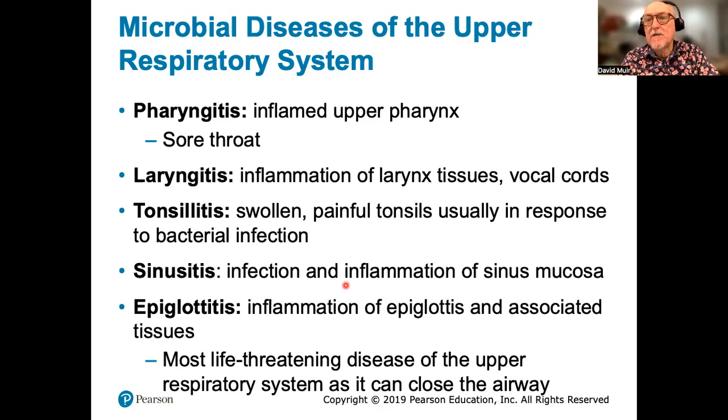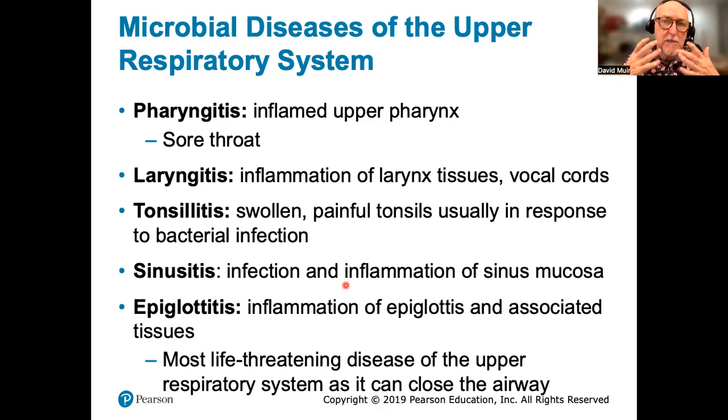Sinusitis are infections of the sinuses. The biggest sinuses lie up here, but there are also sinuses in the bones here. They connect to the nose and normally drain freely into the nose, but they can become infected with pathogenic bacteria which multiply in them and cause inflammation.